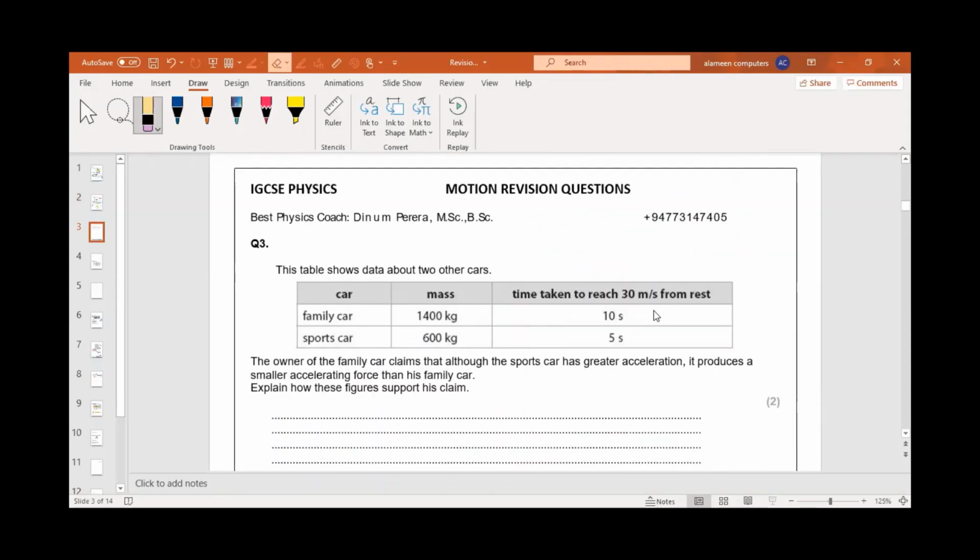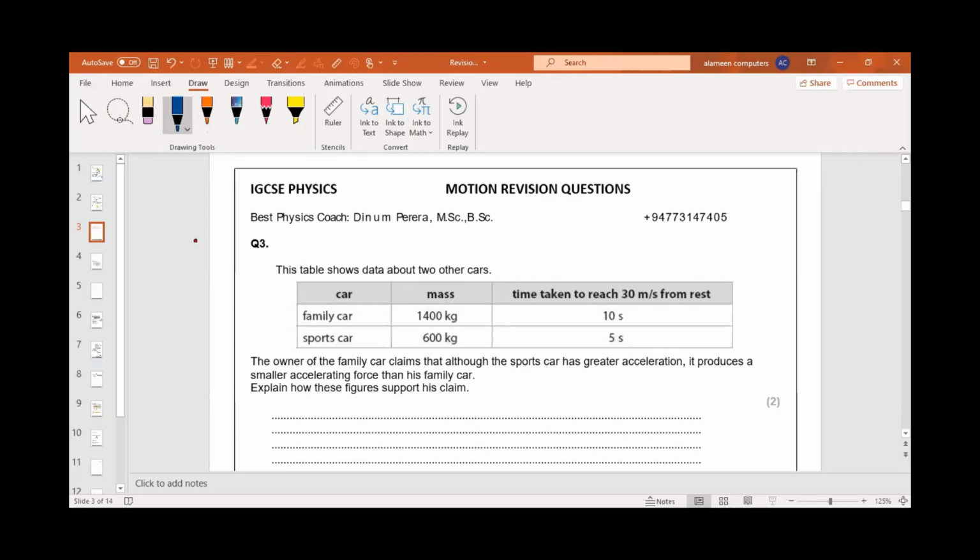This table shows data about 2 cars. We have a family car and a sports car. The mass of the family car is 1,400 kilograms and the mass of the sports car is 600 kilograms. The sports car is lighter. The time taken to reach 30 meters per second from rest is 10 seconds for the family car and 5 seconds for the sports car.